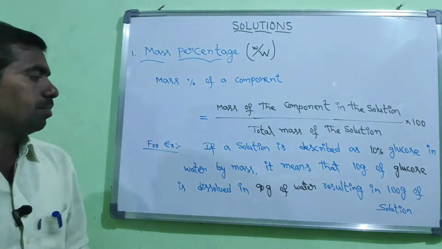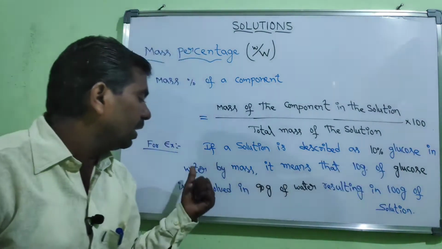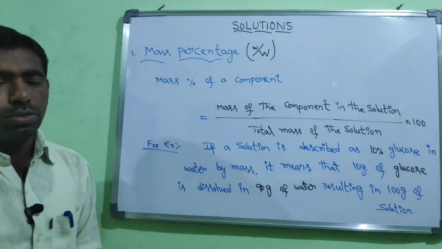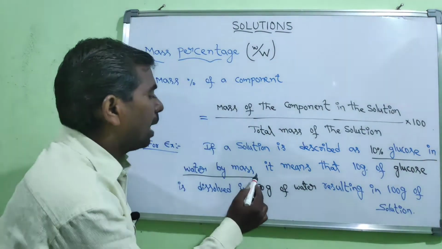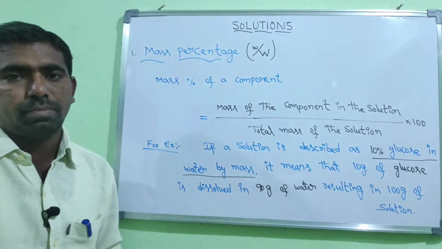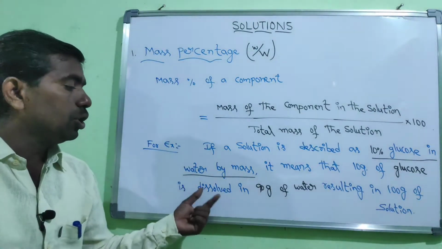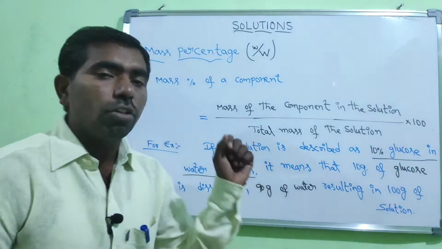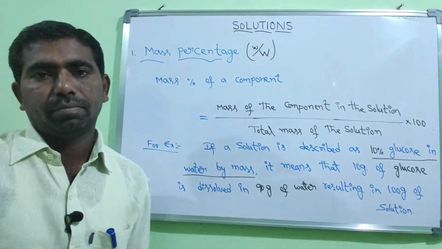For example, if a solution is described as 10% glucose in water by mass, that means 10 grams of glucose dissolved in 90 grams of water, resulting in 100 grams of solution.